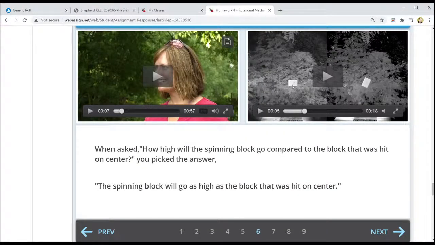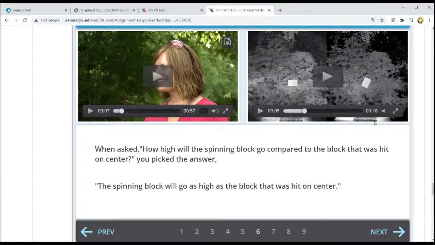On the left-hand side is this block of wood, and it was shot by a bullet right in the middle. So it rises but doesn't rotate. This one was hit by a similar bullet, exactly the same size and cartridge, but it's hit along the edge, so it rotates as it rises.